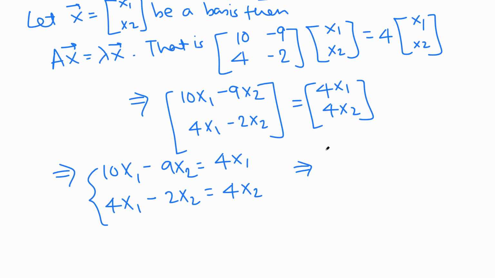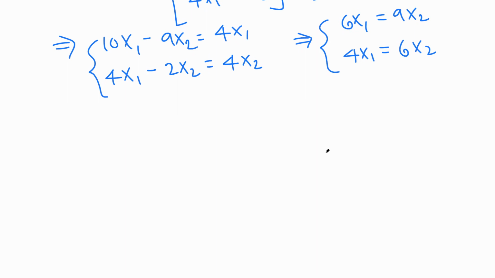Okay, let's solve this. 10x1, subtract 4x1 from both sides, so 10 minus 4, 6x1, equals 9x2. Now 4x1, oh, this is 4x2, okay. I thought that was x1. So 4x1, let's leave on the left-hand side, add 2x2 to both sides, so 4 plus 2, 6x2.